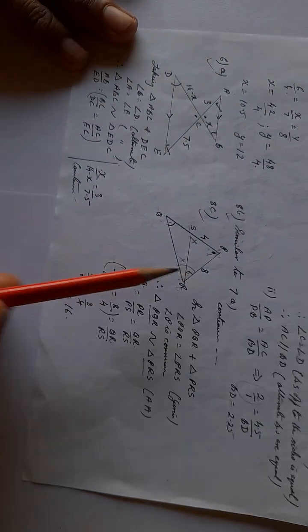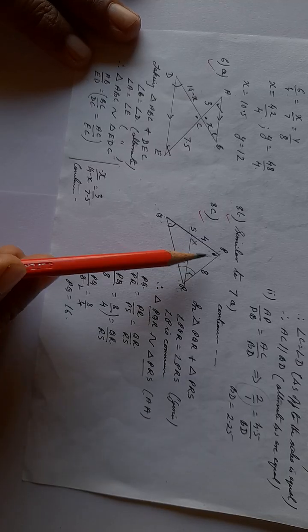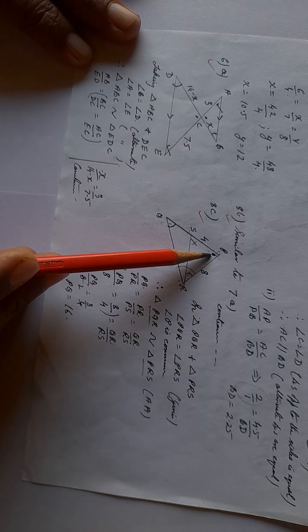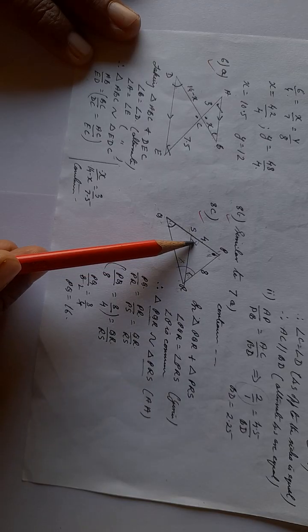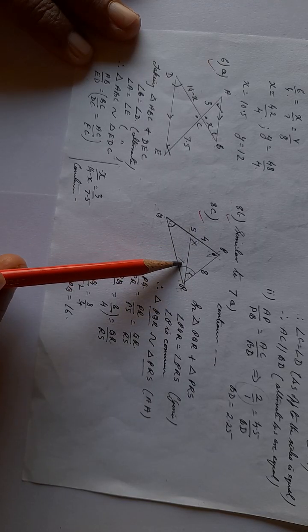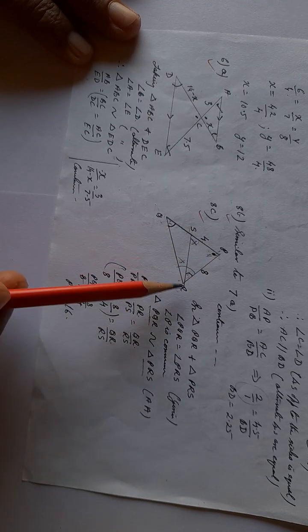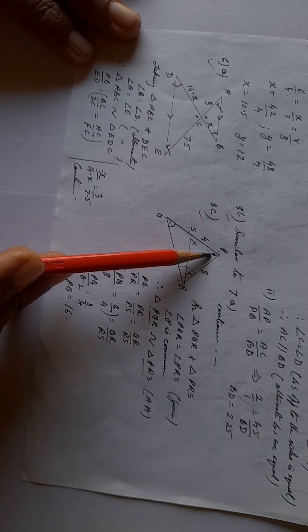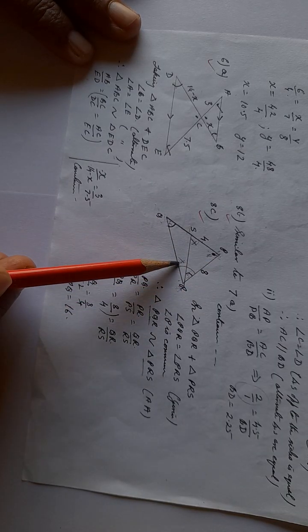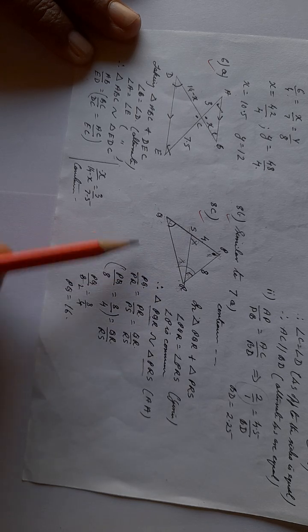Okay, here, as I said, this angle is common, and this angle is equal to this angle given. So the third angle is here, cross, and the cross over here. So PQR, dot arc cross, PQR.